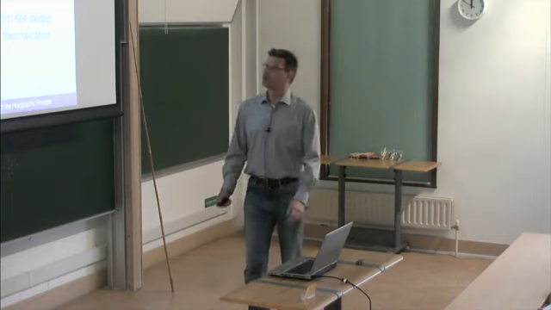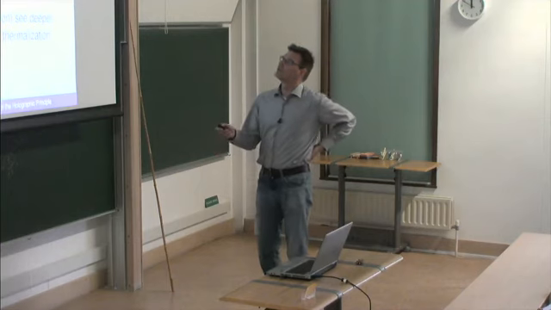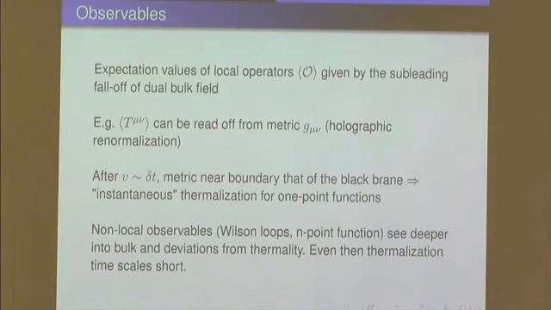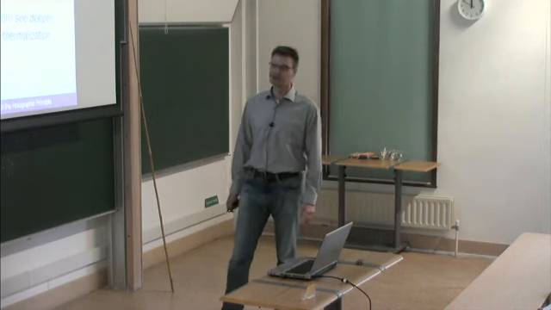Okay, but anyway, for most observables, like if you look at expectation values of local operators, then the expectation value, as mentioned in the previous talk, is just given by the subleading falloff of a dual bulk field that couples to the operator.